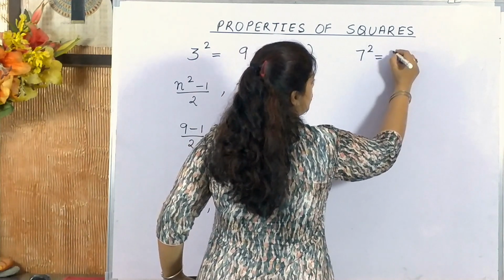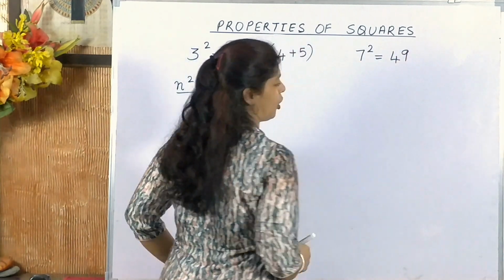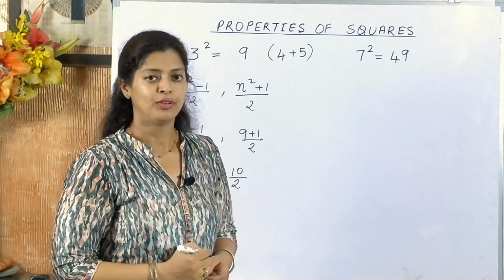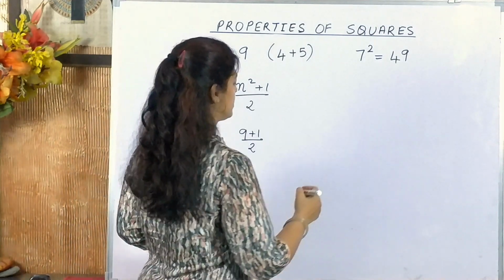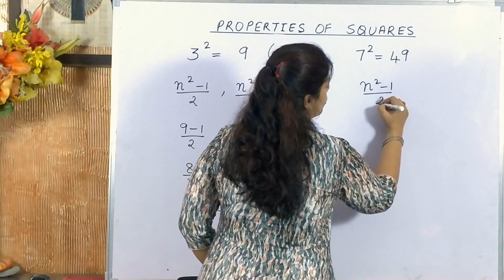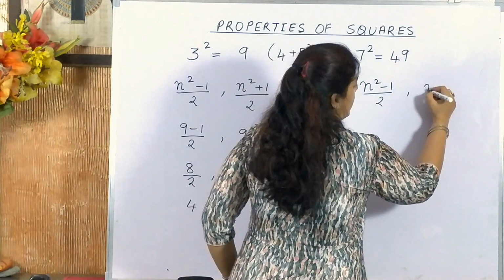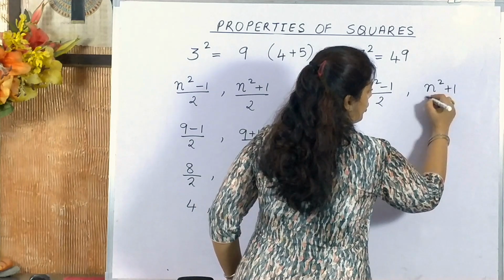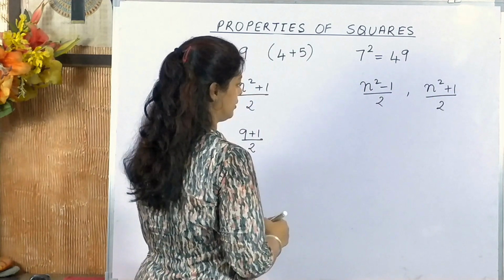7 square is equal to 49. Now we express 49 as a sum of two consecutive natural numbers. Again we use the same formula, n square minus 1 upon 2 gives one number and n square plus 1 upon 2 gives the other number.